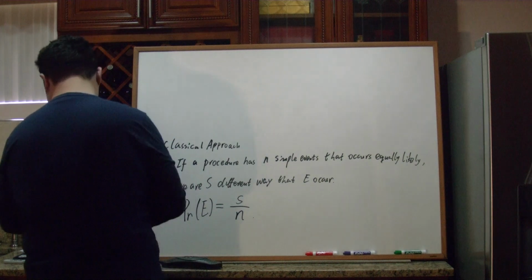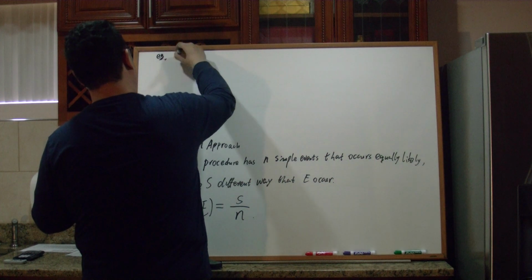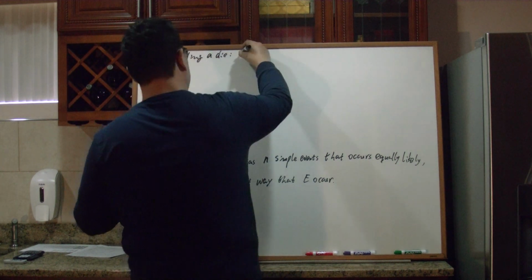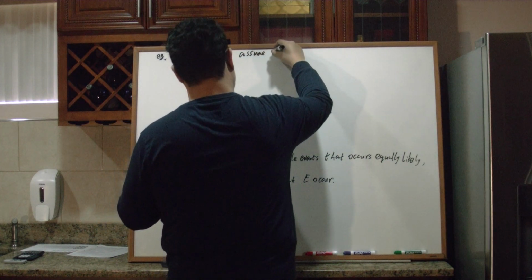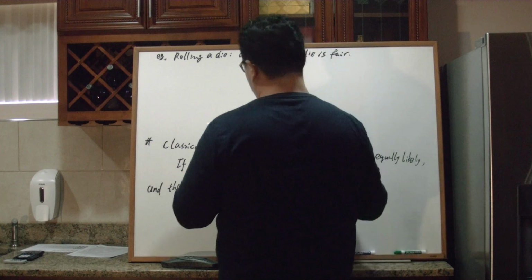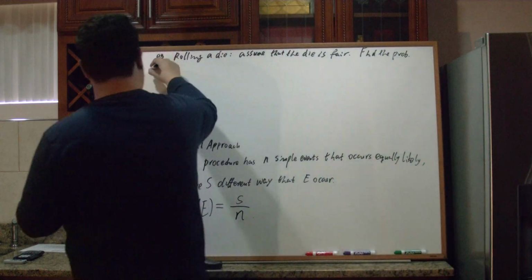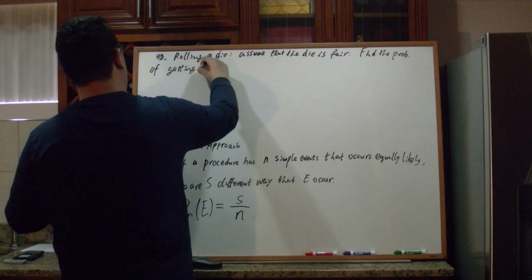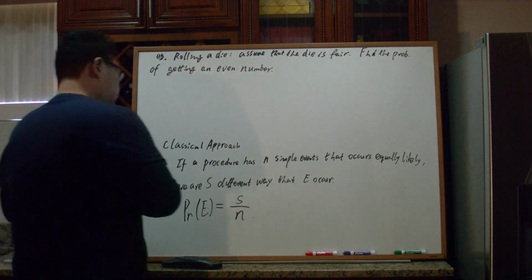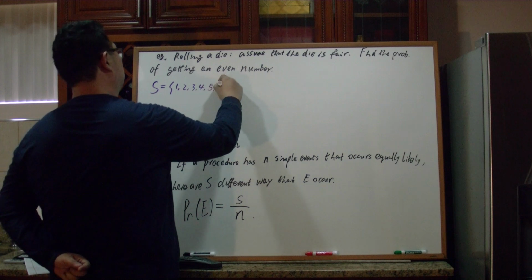So for example, the die is fair. To find the probability of getting an even number, when we roll a die once, the sample space is 1, 2, 3, 4, 5, or 6.